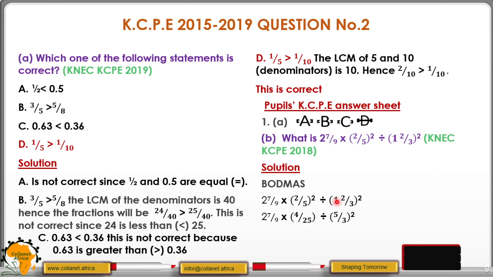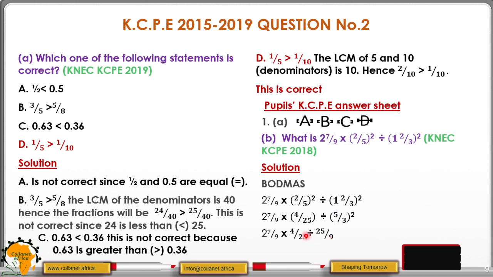Then 3 you add to 2 to get 5, so it is 5/3. Then you square this one, so the upper one will be 5 times 5, which will give you 25, and 3 times 3 you get 9. So you'll have 7/3 times 4/25, and then the square of 5/3 will be 25/9.